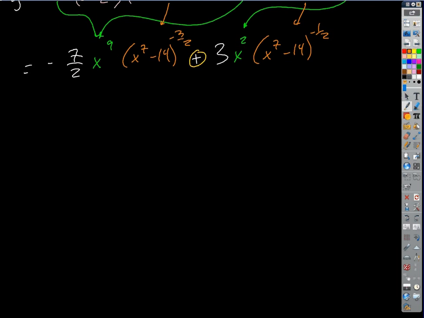Now what here? We've got a bunch of stuff. So what about the coefficients, the number constants? What should we probably factor out here? There's no common factor of 7 and 3, but we don't want to have a fraction in there, right? So let's factor out a 1/2.